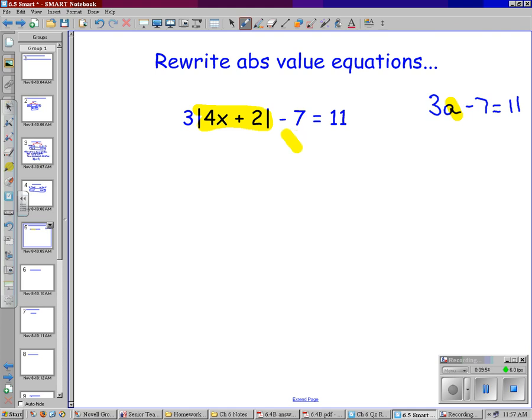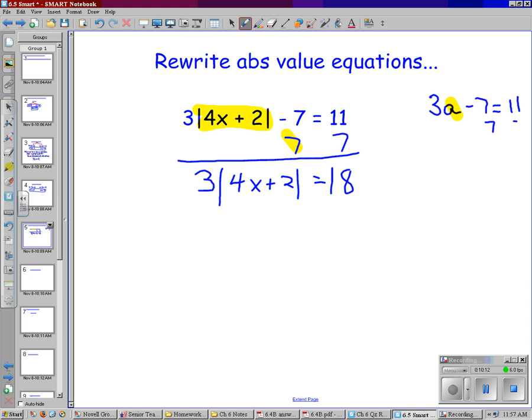We have to add 7 to both sides, and I'm going to write down 3 times the absolute value of 4x plus 2 equals 11 plus 7, class? 18.